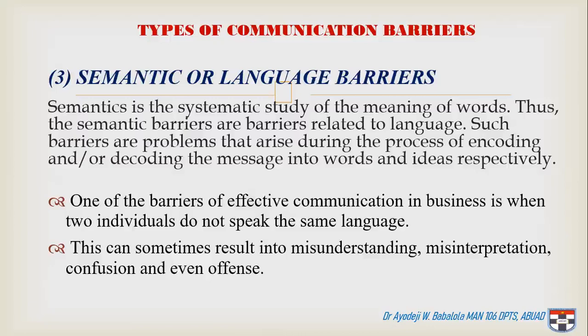Whereas, since the word has more than one meaning, the receiver may decode the message differently from the intended meaning of the sender when she or he relates to another meaning of the word apart from the one that the sender intended.